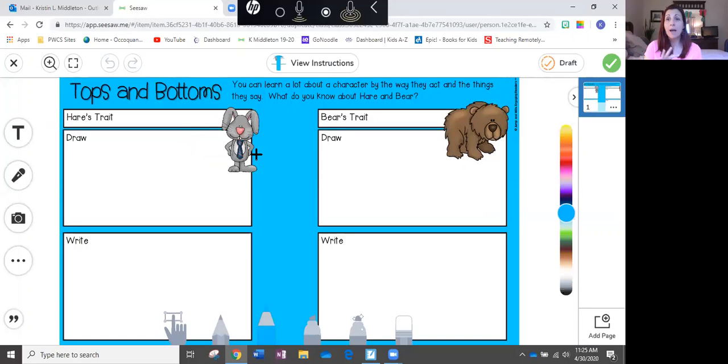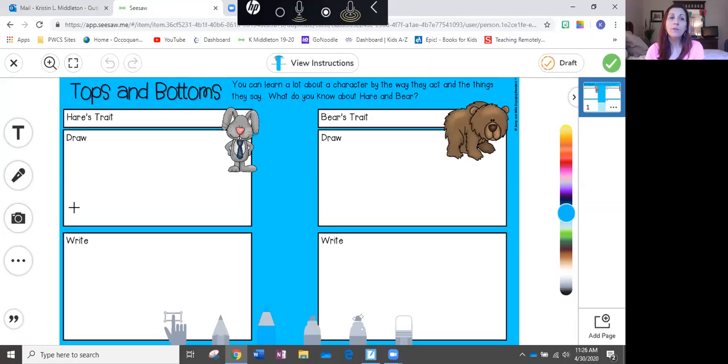So you can go back to those pictures in the video and the describing words that we use to describe Hare and Bear. Your job today is going to be to use your pencil or marker, I suppose, to draw Hare and then draw Bear, okay?